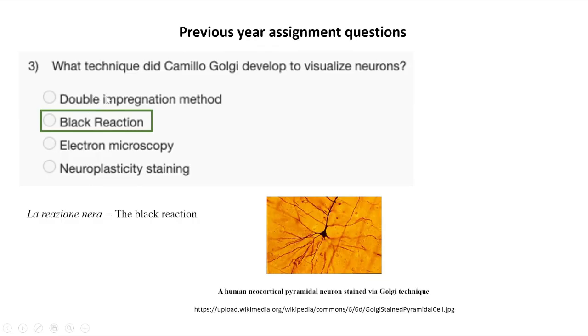Golgi did not develop the double impregnation method. The double impregnation method was actually developed by Cajal. The difference between the Golgi method and the Cajal method was that, like I said, Cajal optimized the concentrations and the durations.